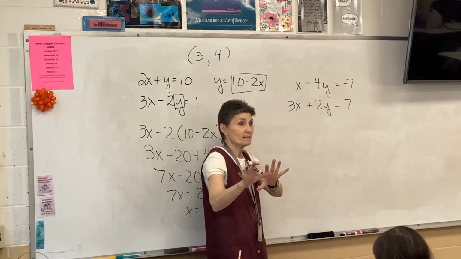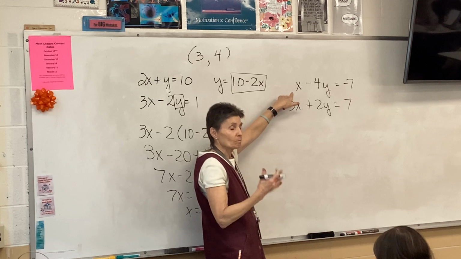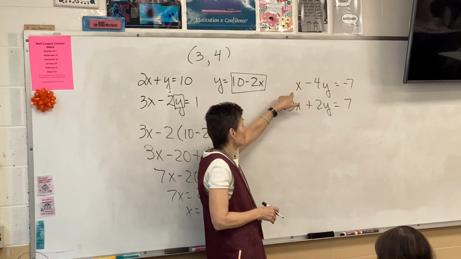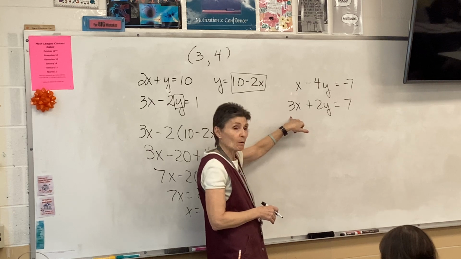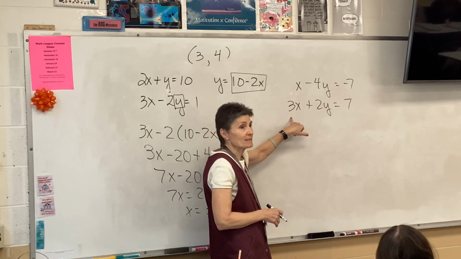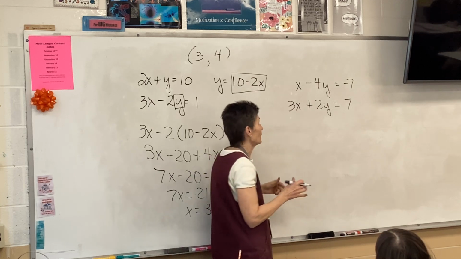So I heard someone say, multiply the top row by -3. Would that work? Yep. I heard somebody else say, multiply the bottom row by 2. Would that work? Yep. It makes no difference. You do whatever occurs to you.